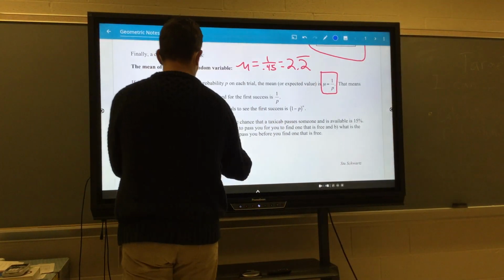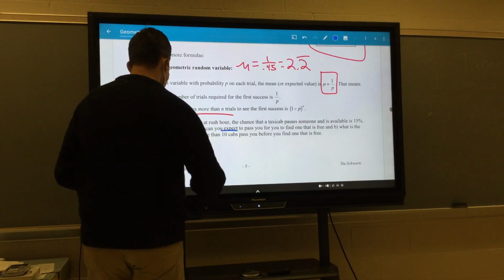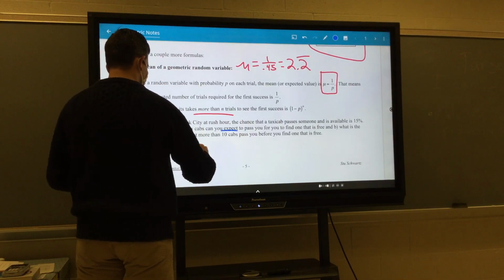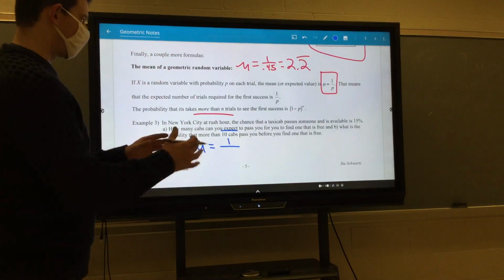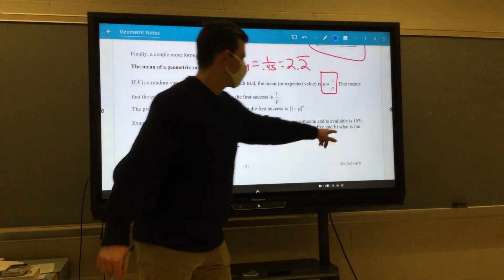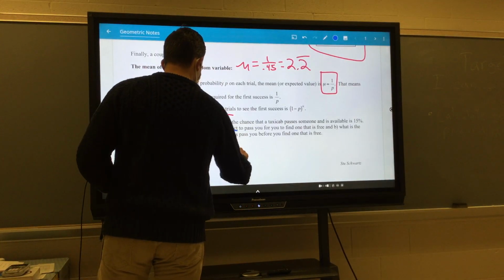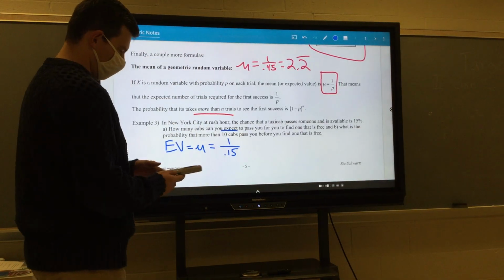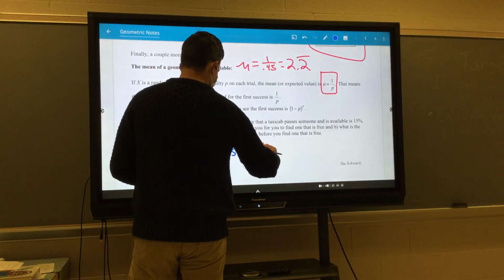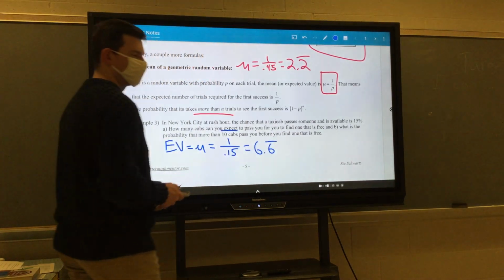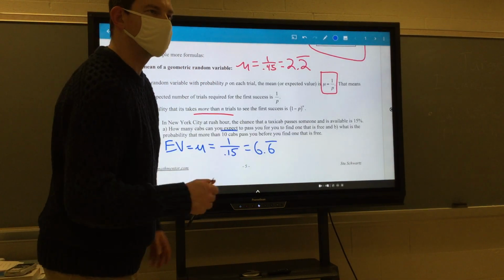Well, how many can you expect to pass by? This is an expected value. This is a mean. So expected value is the mean, is 1 over p. So our probability of success, the cab is available, is 15%. So just simply 1 over 0.15, 6.6 repeating. So we would expect around the 6th or the 7th cab to be our first success.